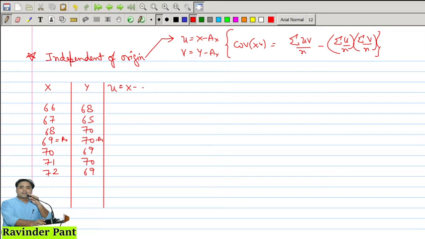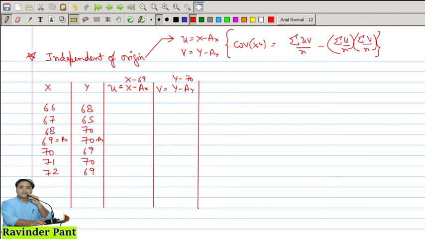So u will become x minus 69, and v is equal to y minus 70.